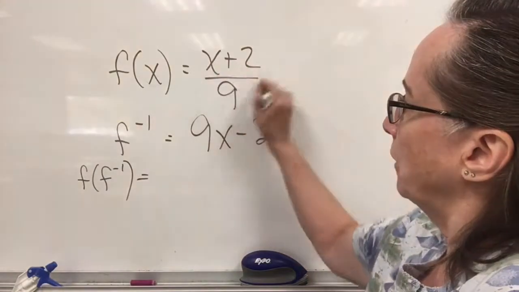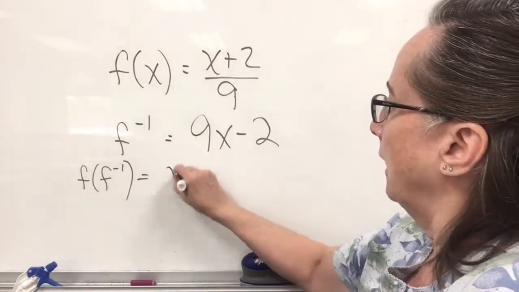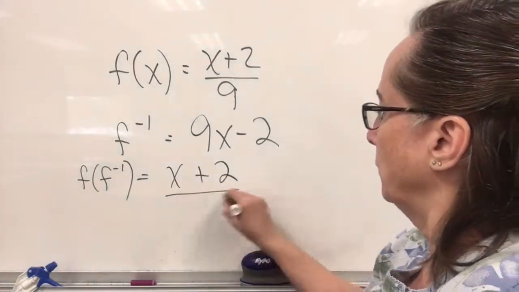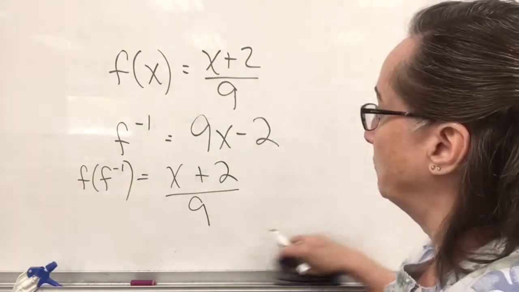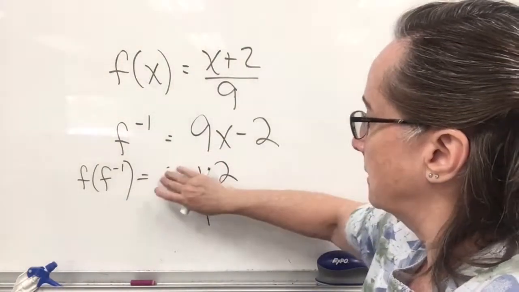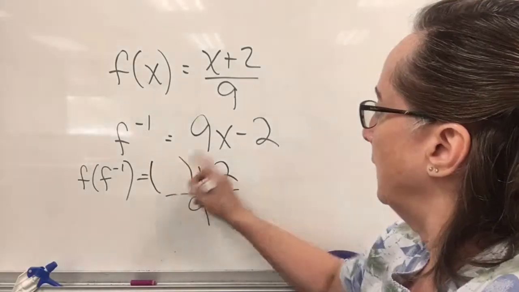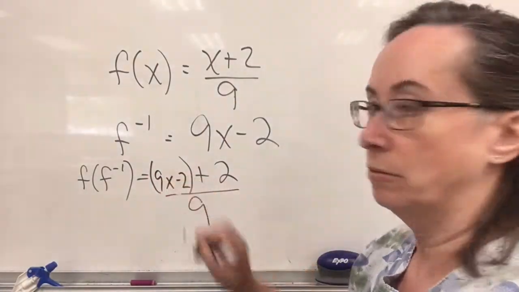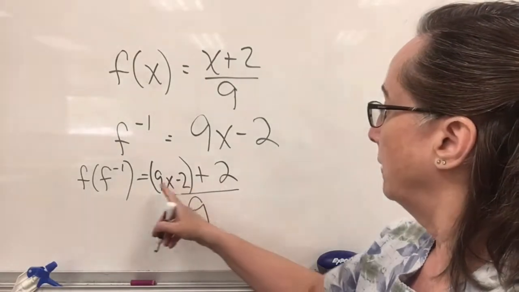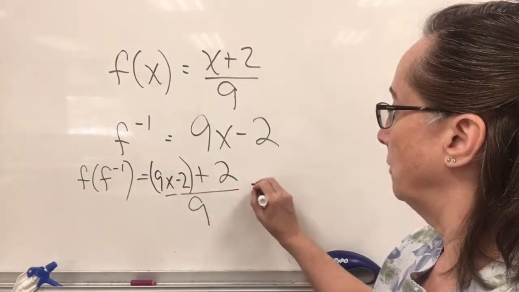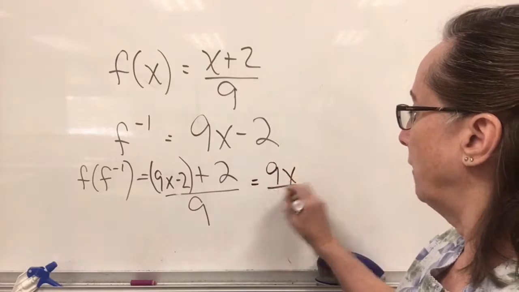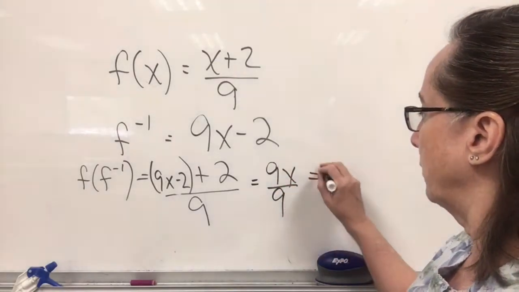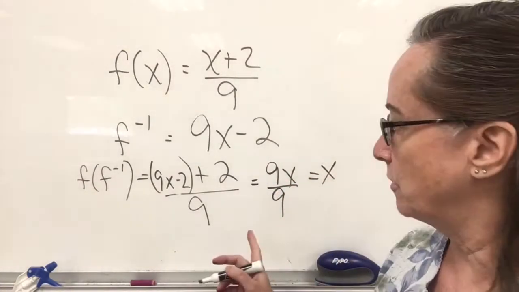I'm going to take this function as my base function, x plus 2 over 9, and then I'm going to take out the x, and I'm going to slide in the 9x minus 2. So then I get 9x minus 2 plus 2 is 9x, and then I divide by the 9 on the bottom, and I end up with an x. So it works in that direction.